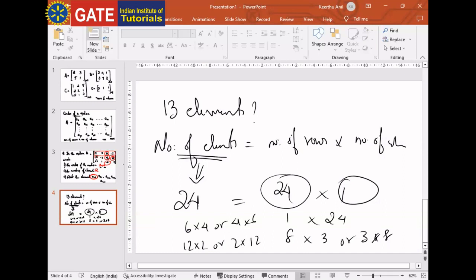Understood? Either of the one you can choose. So you can write that since 13 is a prime number, it will be either having 13 rows and 1 column, or 1 row and 13 columns.